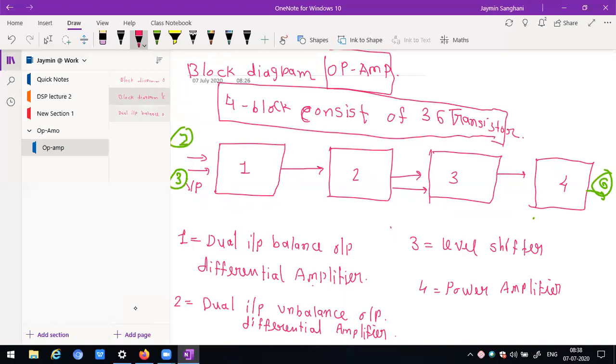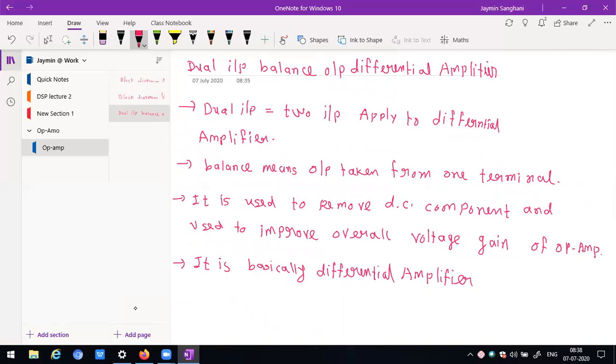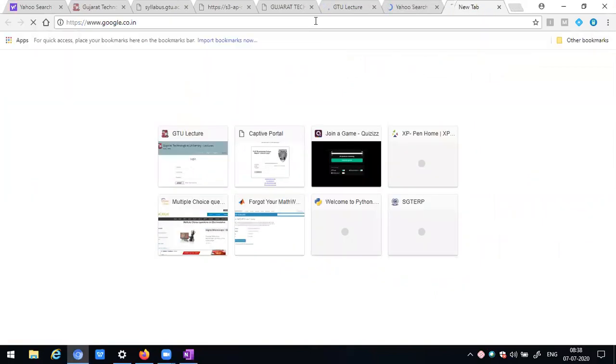It is very, very helpful. So first, what is the figure inside the operational amplifier? That I will explain with the help of a Google search.